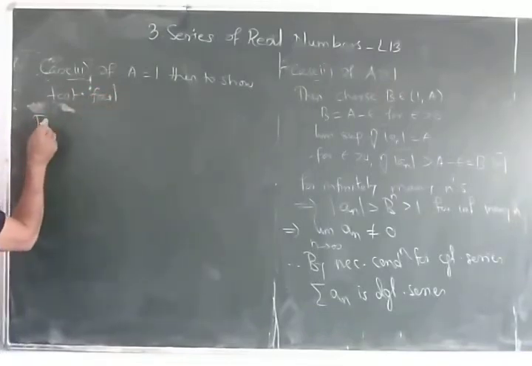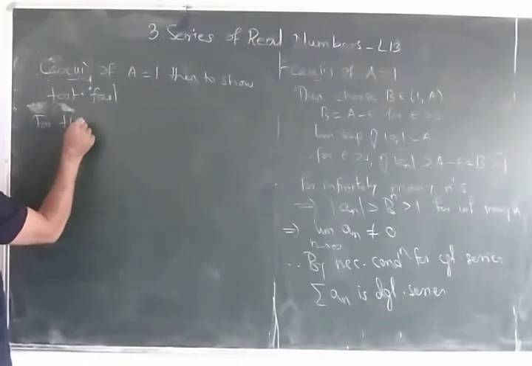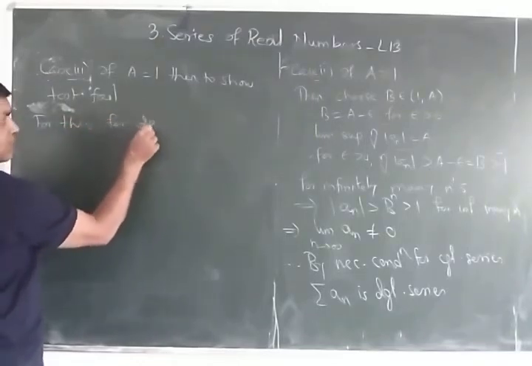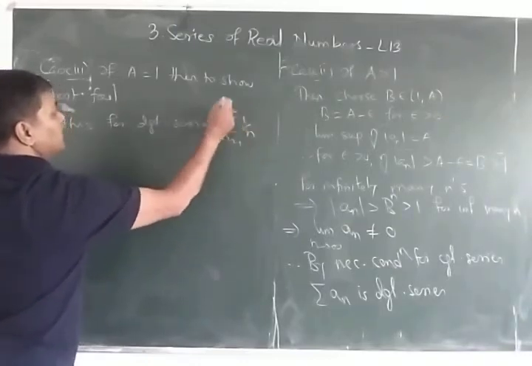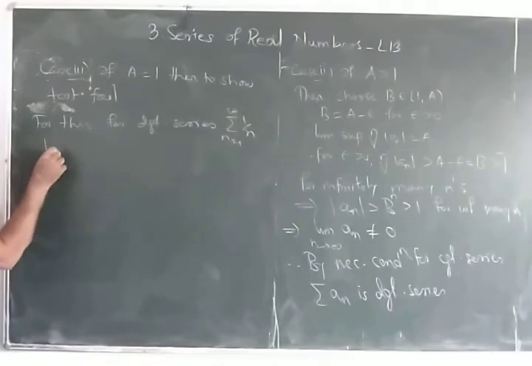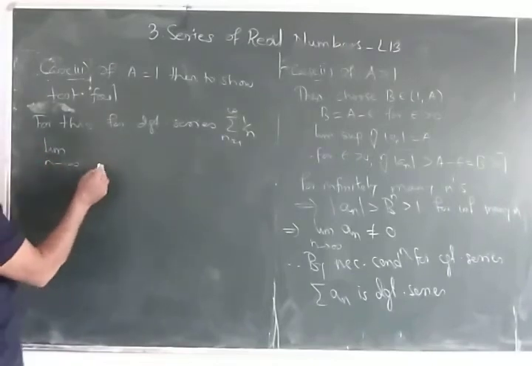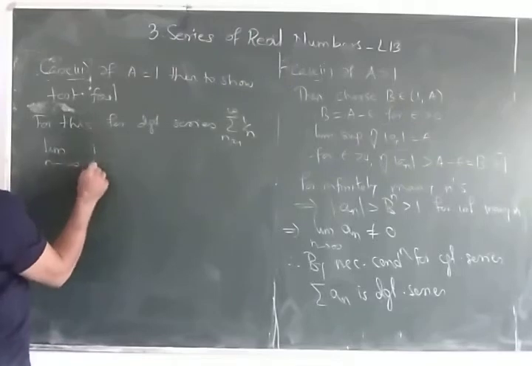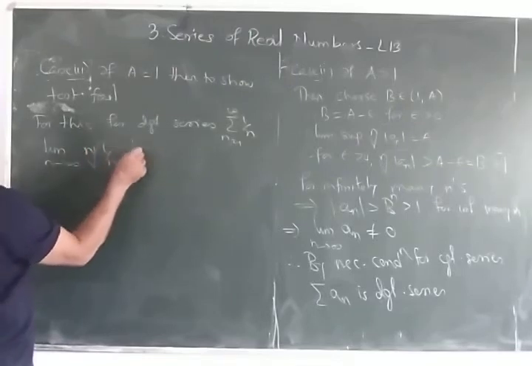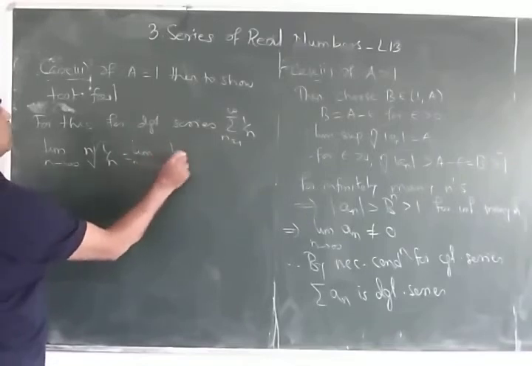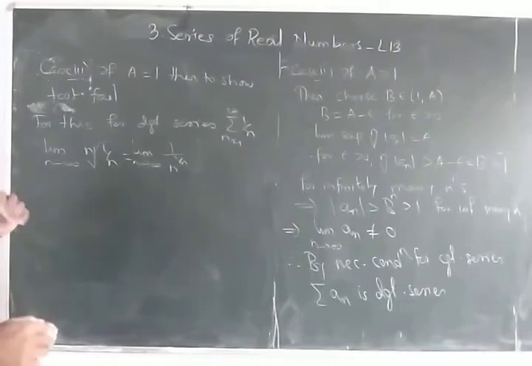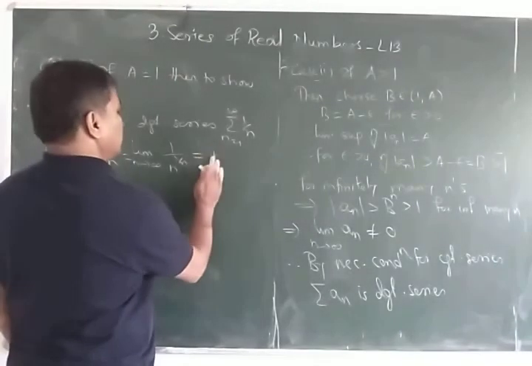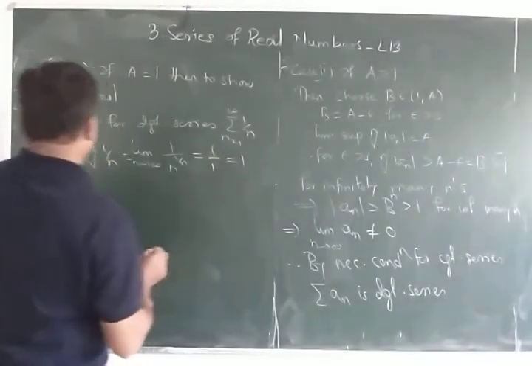So for the divergent series, summation of 1 upon n from n equal to 1 to infinity, the limit as n tends to infinity of the nth root of 1 by n is equal to the limit of 1 upon n raised to 1 by n, and we know that n raised to 1 by n approaches 1. So this is 1 upon 1, which is 1.